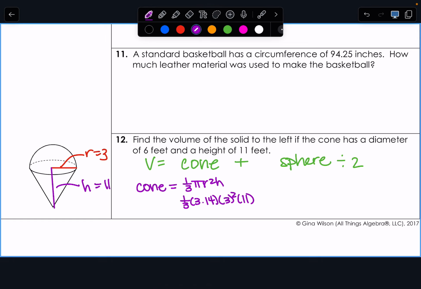So could you please calculate for me just the volume of the cone?